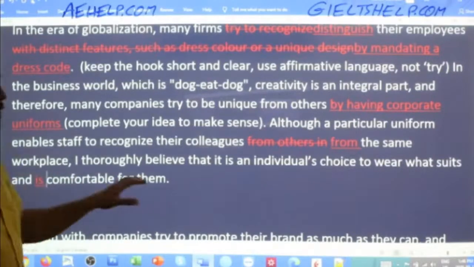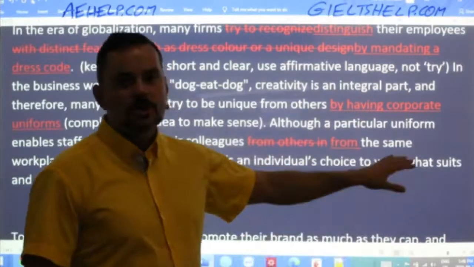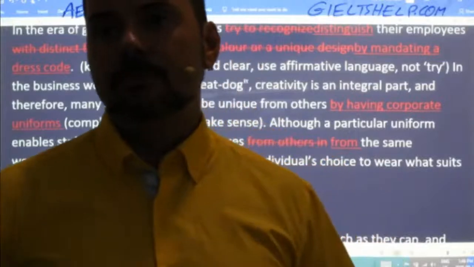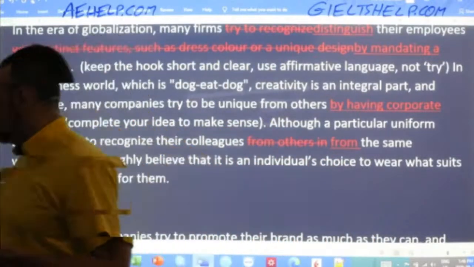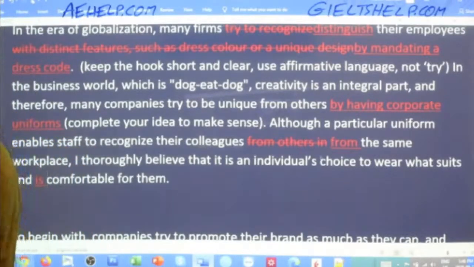Okay, so here we have a little bit of what's called incorrect parallel grammar in the points. Okay, so when you're doing this, you'd want to have correct parallel grammar and you want to simplify.